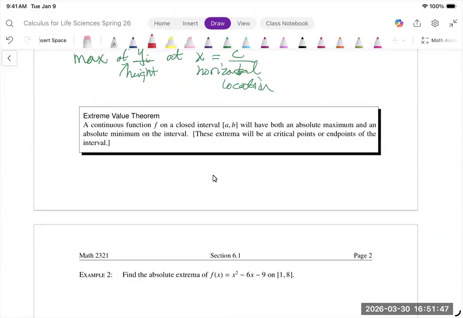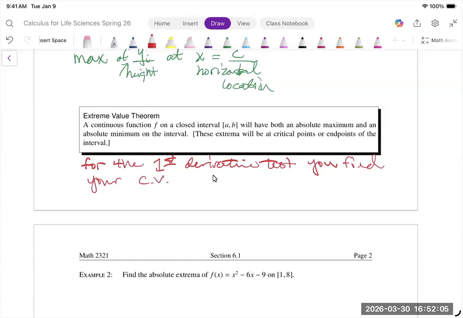So what this means is that for the first derivative test, you find your critical values, your CVs, but additionally, check your endpoints.